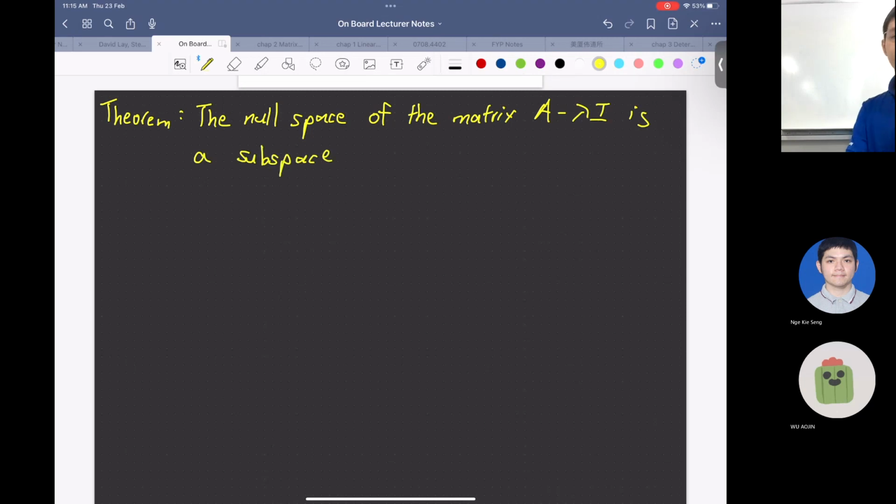Subspace of what? Subspace of what? You know where the vectors live? Subspace of what? Live in what vector space?